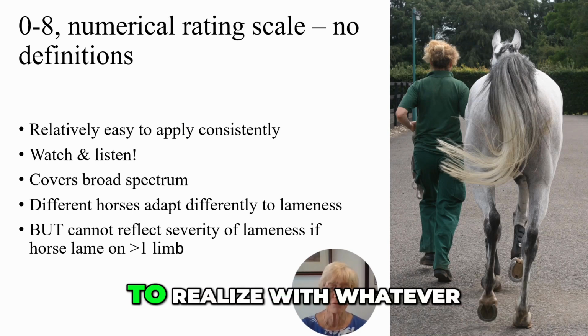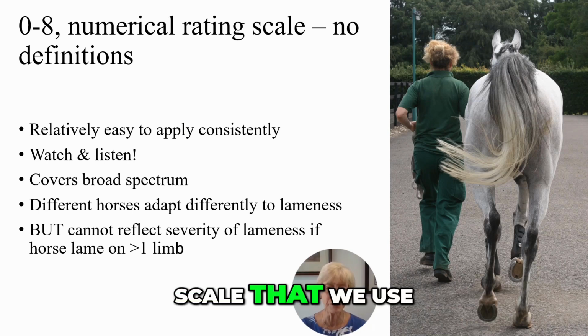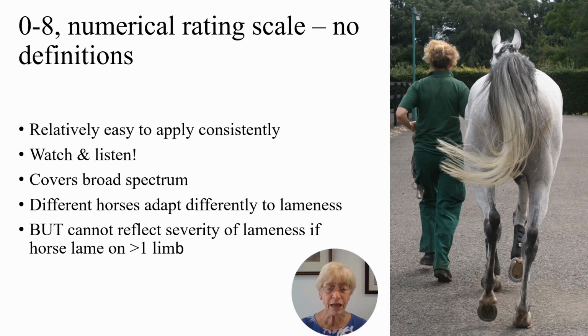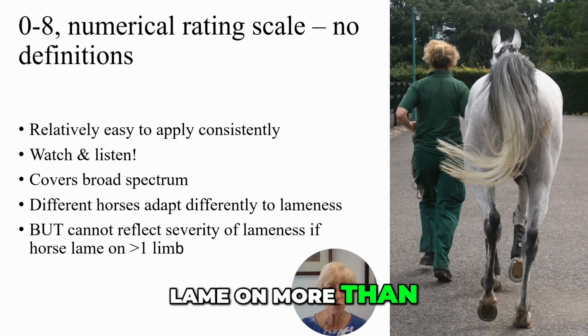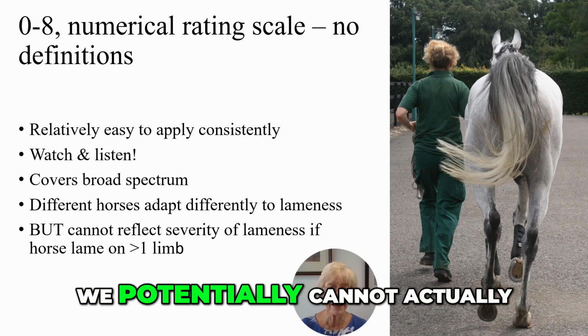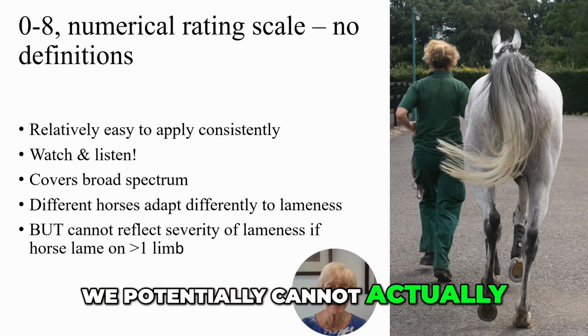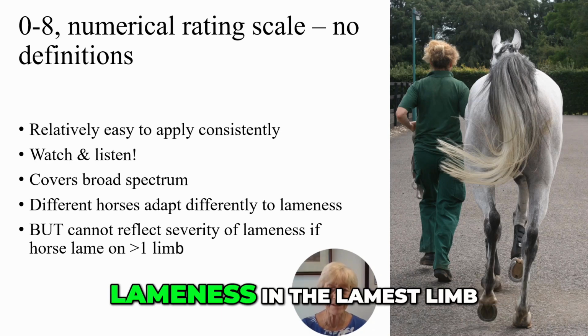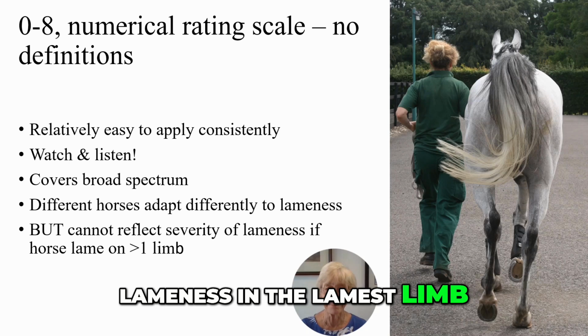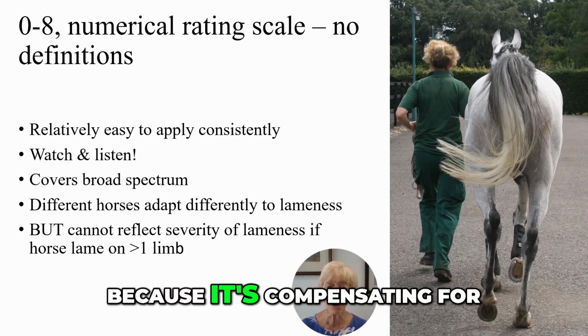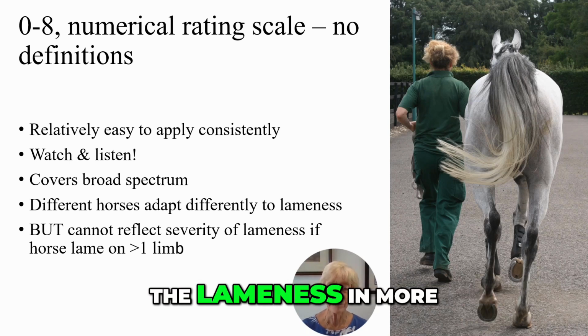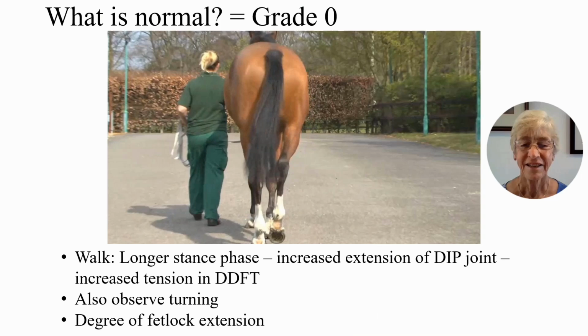However, I think we have to realize with whatever scale that we use, if the horse is lame on more than one limb, we potentially cannot actually describe the severity of lameness in the lamest limb, because it's compensating for the lameness in more than one limb.